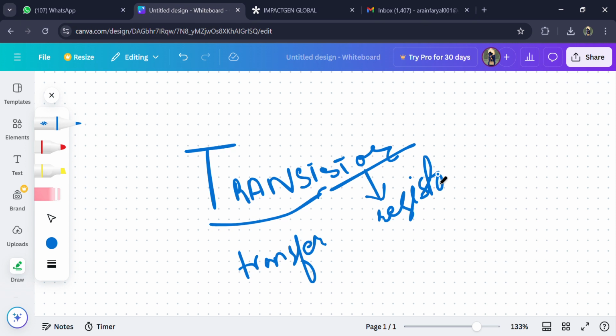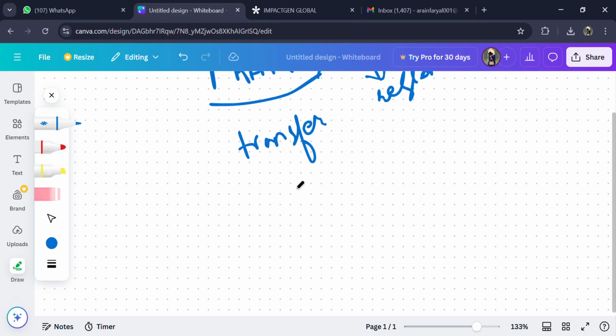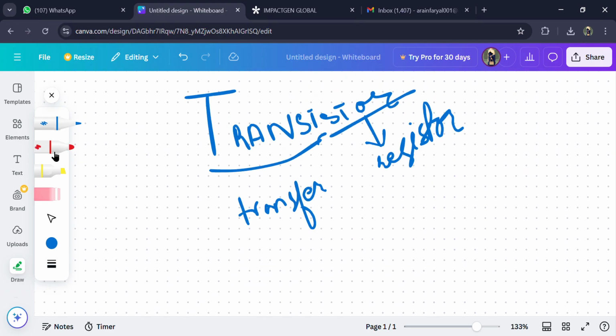It's the transfer of resistance in sort of a way where we could actually control the flow of charges. The basic functionality of a transistor is to carry the charges, but in a specific amount. It actually stores the charges and only lets a specific amount of charges flow.